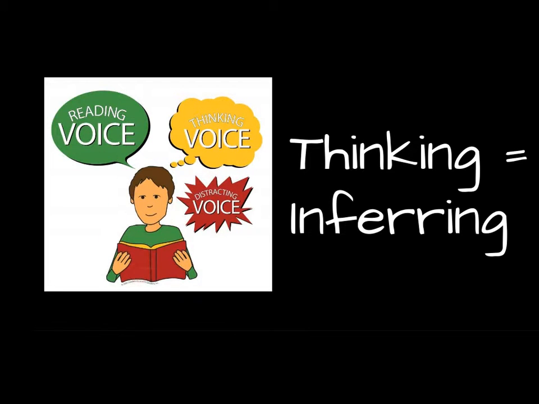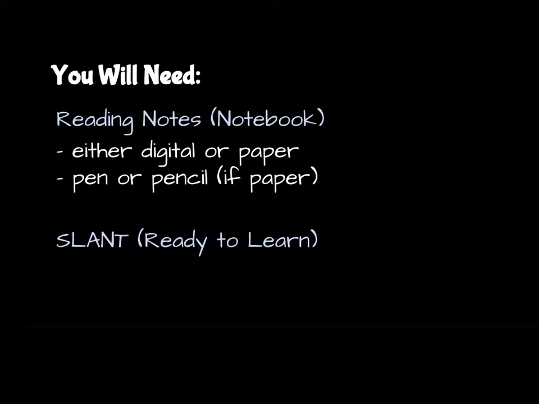It goes back and forth, and then sometimes we get distracted by, ooh, I'm hungry, or I don't know what this word means, or what in the world is going on here. Our distracting voice feeds in, but we've talked about this several times now. Well, actually, that thinking voice is part of that inferring. It's all connected.